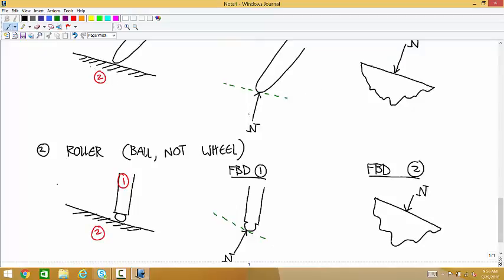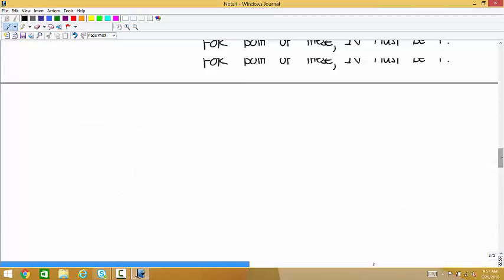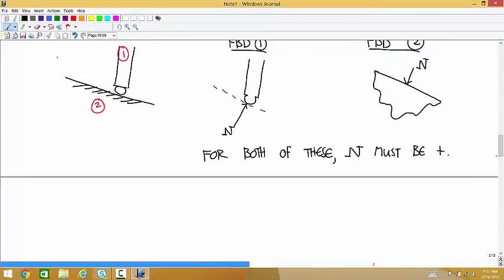So the way that I have these normals drawn, those values have to be positive. Any questions about either of those?